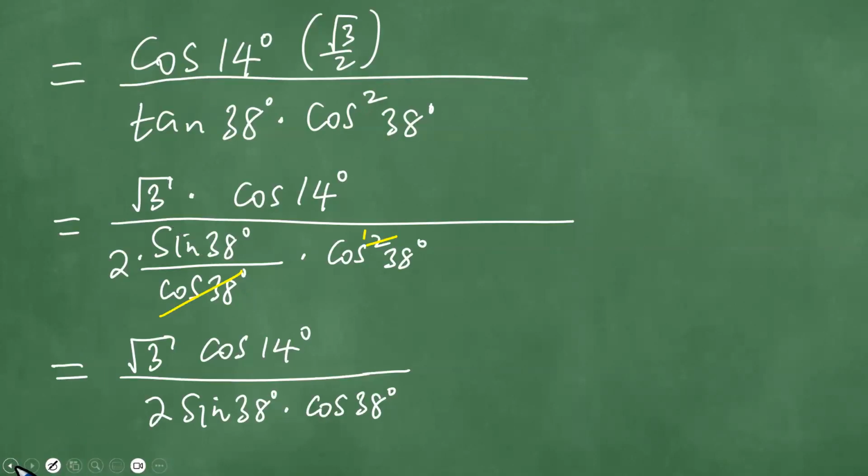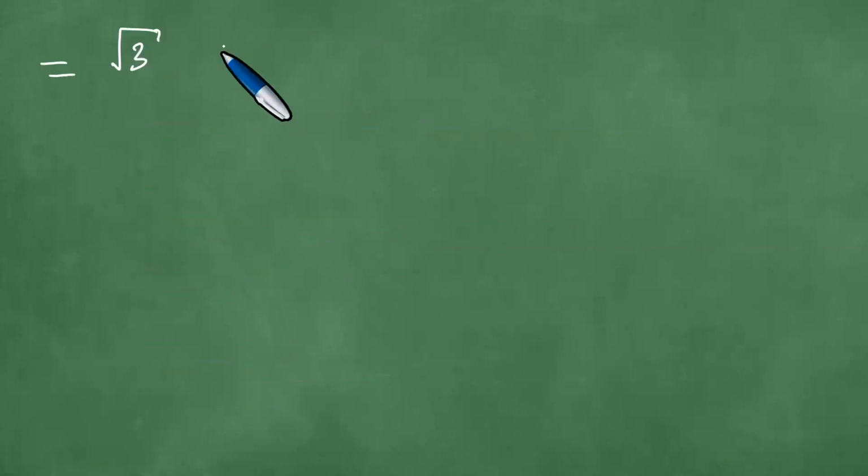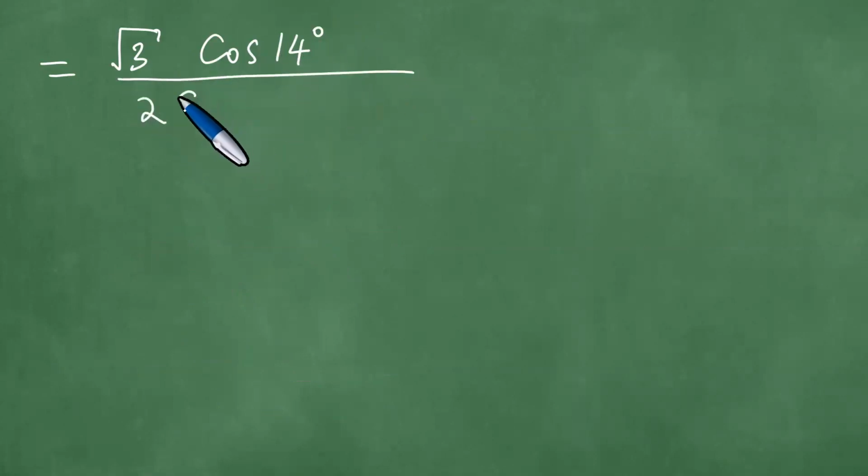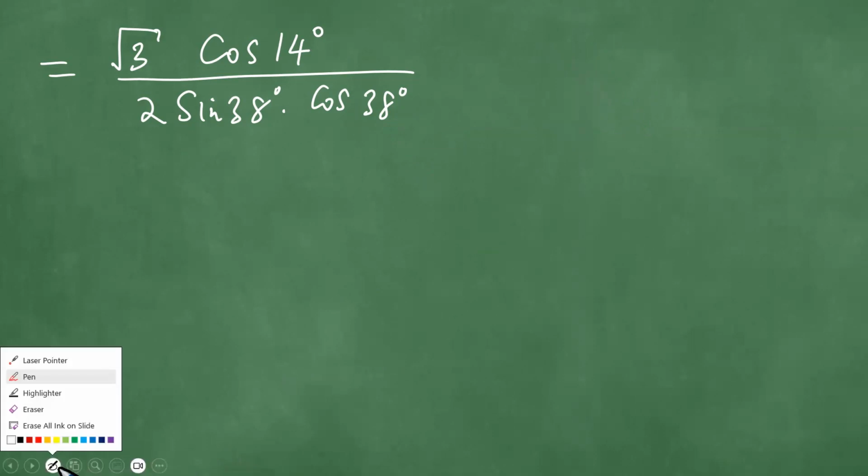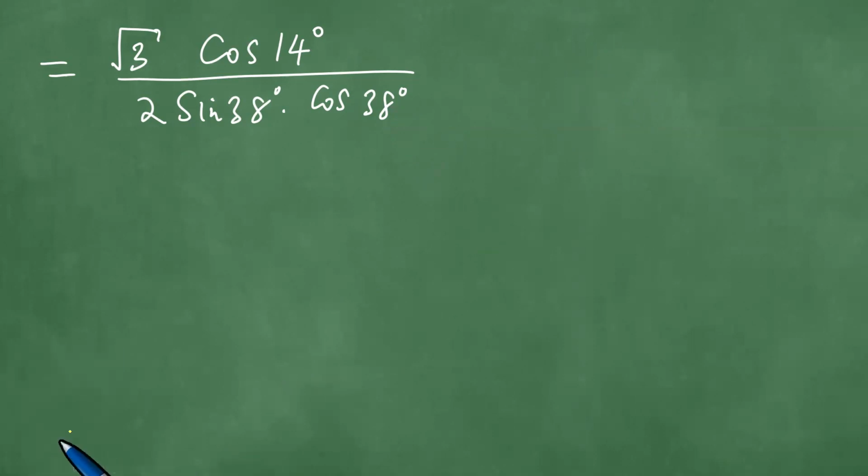So this is equal to square root of 3 cosine 14 degrees divided by 2 into the sine of 38 degrees cosine 38 degrees. We need to recall some identity here. These were super questions during the years of higher grade mathematics.